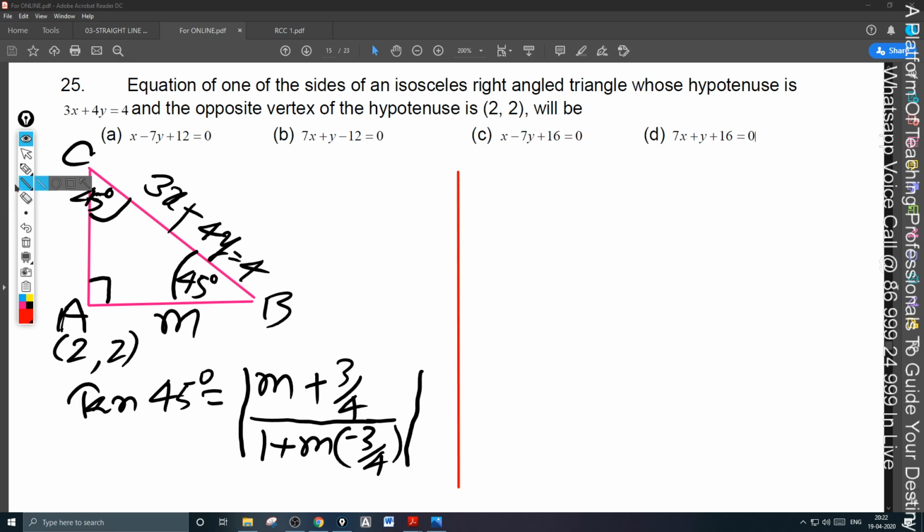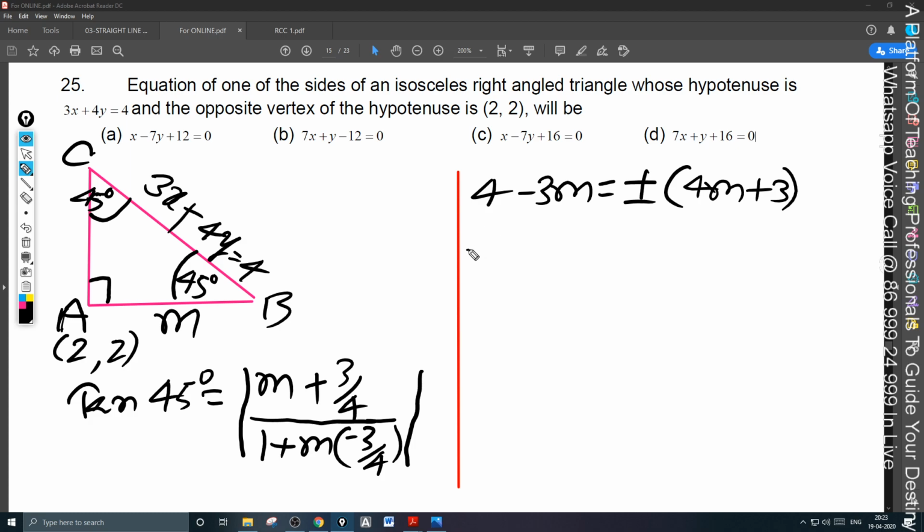Now let me write that. 4 minus 3m is equal to plus or minus, I'm removing the modulus, 4m plus 3. Tan 45 is 1.